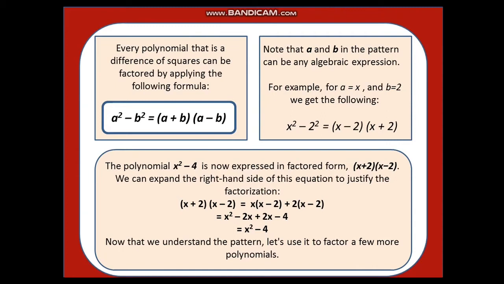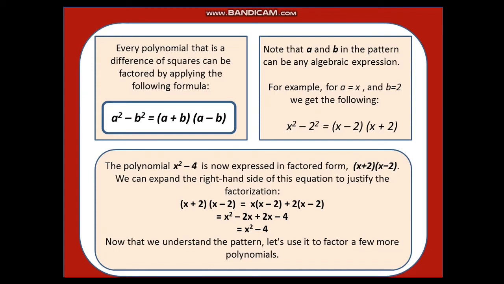So let us multiply now. x multiplied by the quantity x minus 2 plus 2 multiplied by the quantity x minus 2. Using the distributive property, x squared minus 2x plus 2x minus 4, and adding like terms, x squared minus 4 is the answer, since the middle terms are opposites of one another.